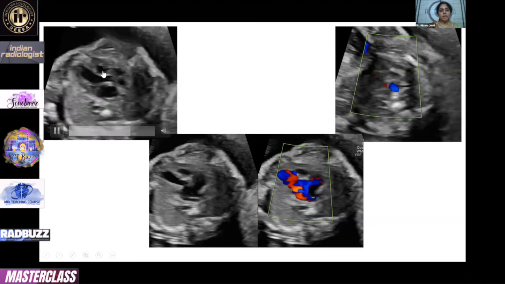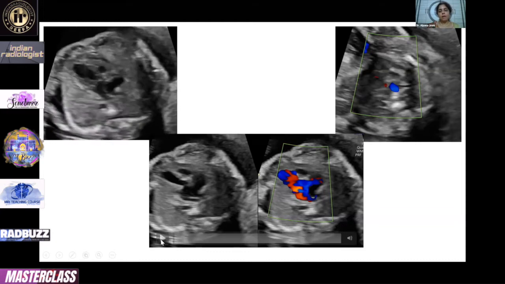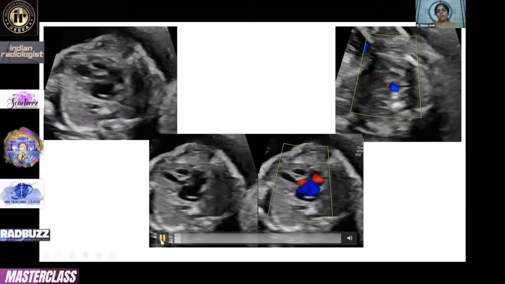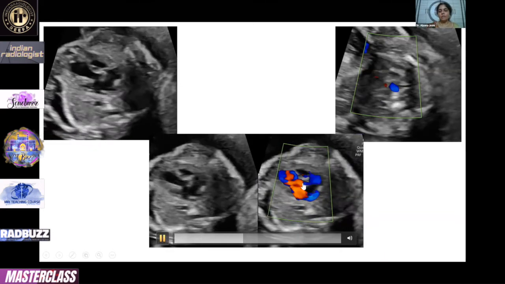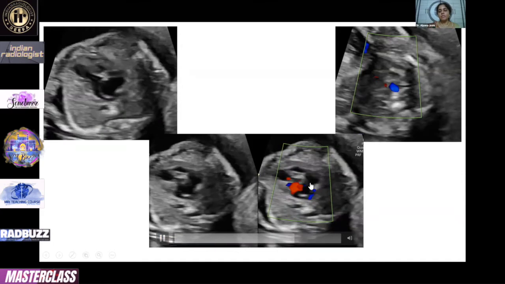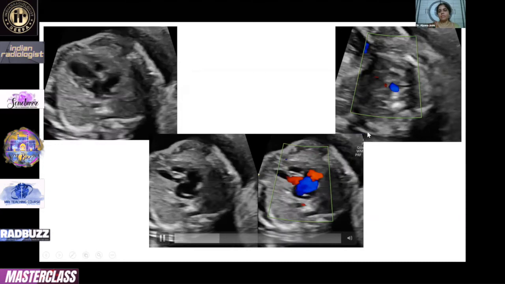There is a diminutive cavity. This valve is not opening very well. So if you put the color Doppler on, you see that there is hardly any inflow. There is a lot of flow seen from the right atrium to the left atrium.